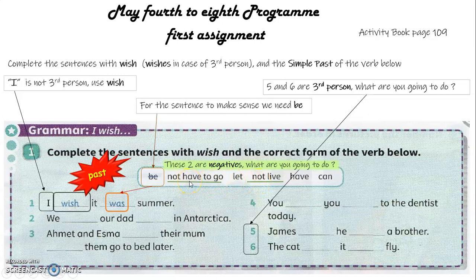They are asking for negative sentences. So in the case of negative, what are you going to do? If you took good notes when we explained the wish clauses, I'm sure you are going to work correctly with these exercises and you are going to have only a few or no mistakes.